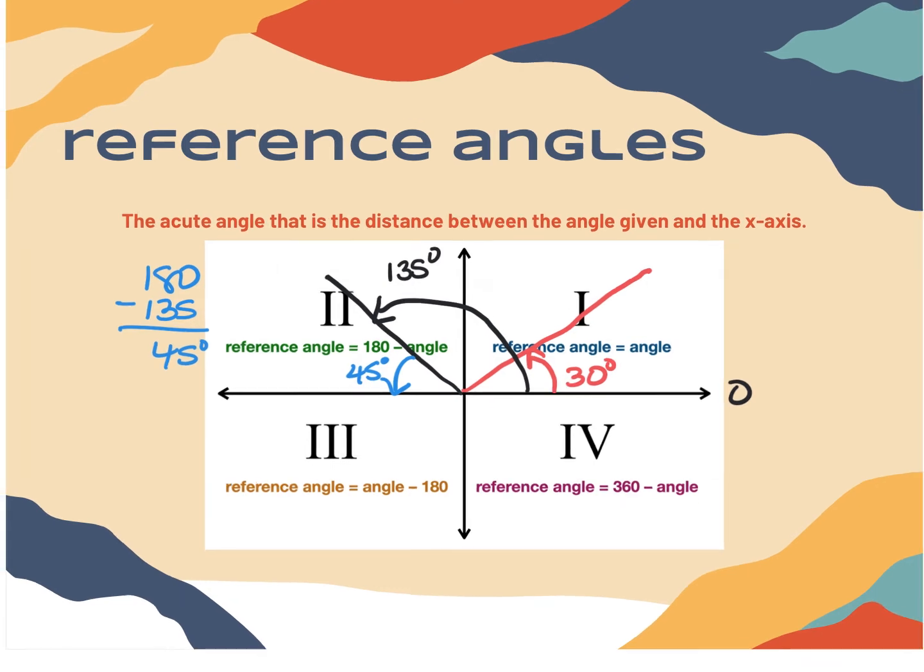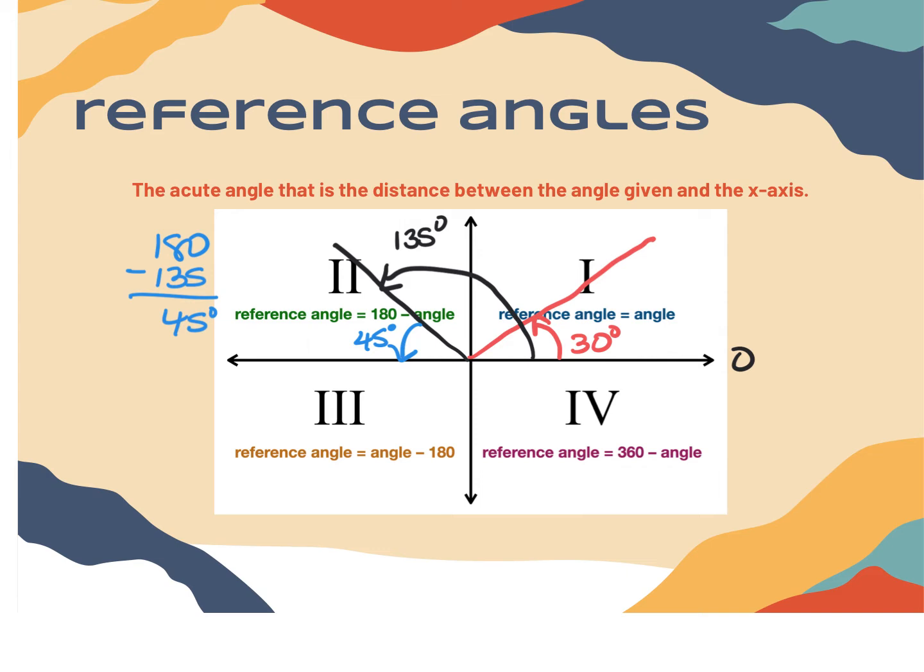If our angle is going to end up in quadrant 3, let's say we draw a 210-degree angle. It's going to come around and end up about here. To find its reference angle, remember, it's always what it would take to get back to the x-axis.